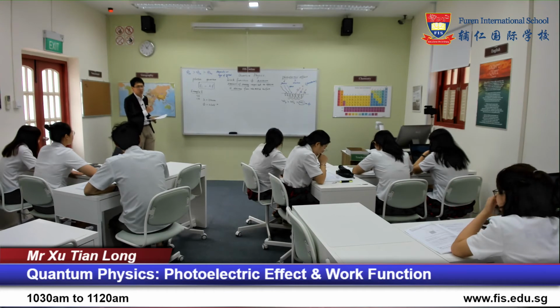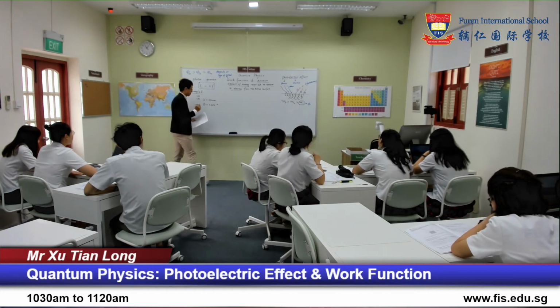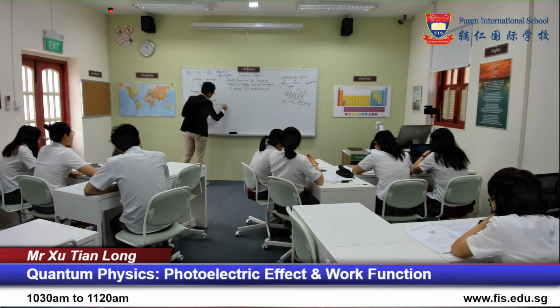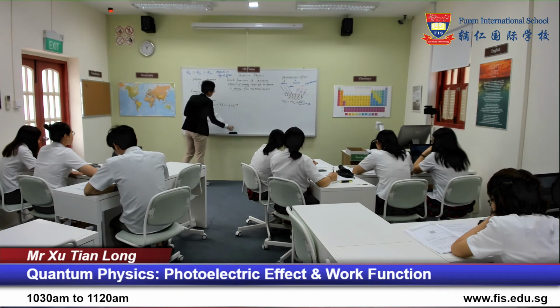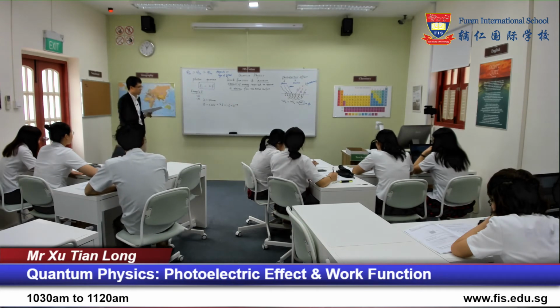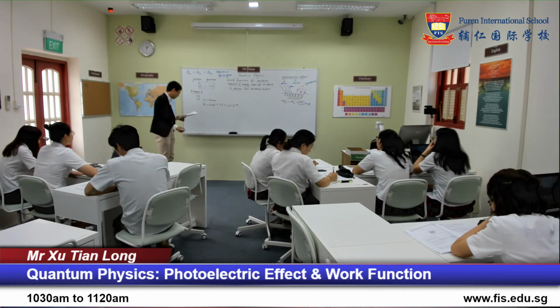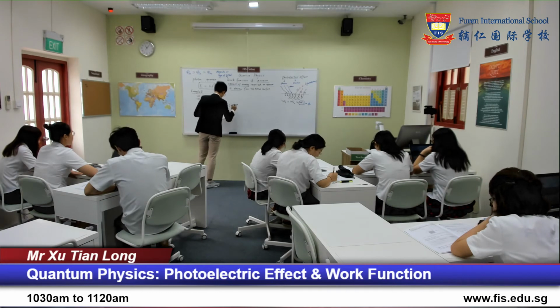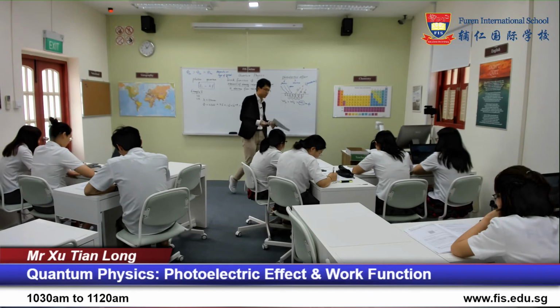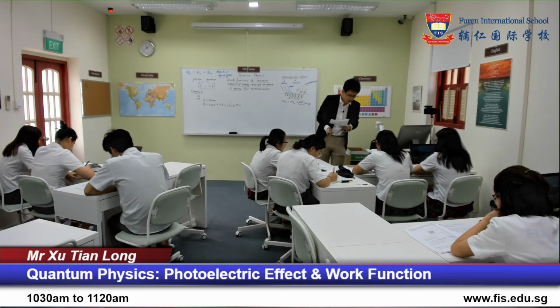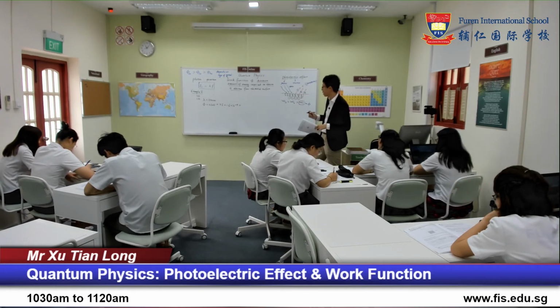So how to convert? 2.5 times 1.6 times 10 to the minus 19. Can you tell me what's the answer? 4 times 10 to the minus 19.